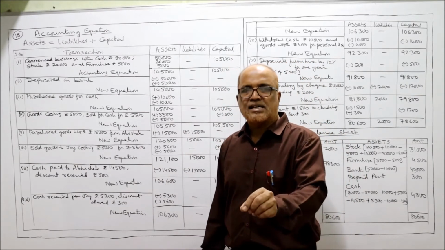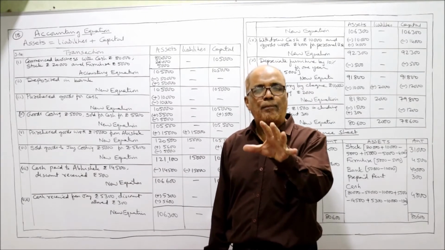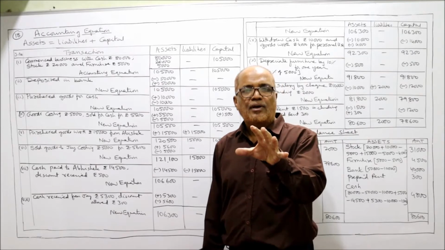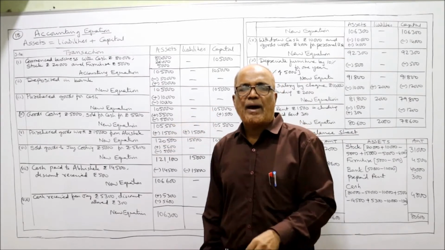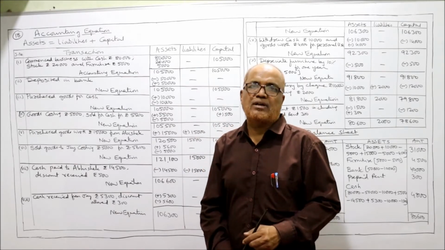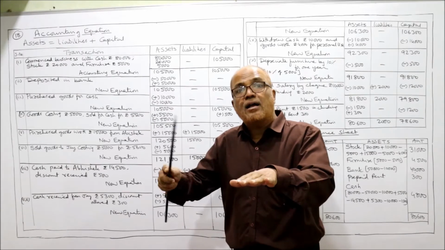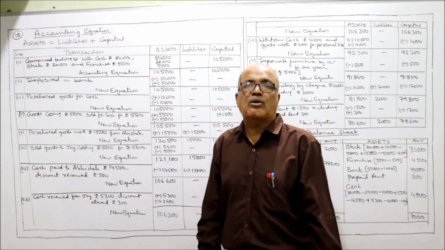Now the second transaction: deposited in bank 50,000. What is the impact of this transaction? When cash is deposited in the bank, our cash balance will come down by 50,000, whereas the bank balance will increase by 50,000.